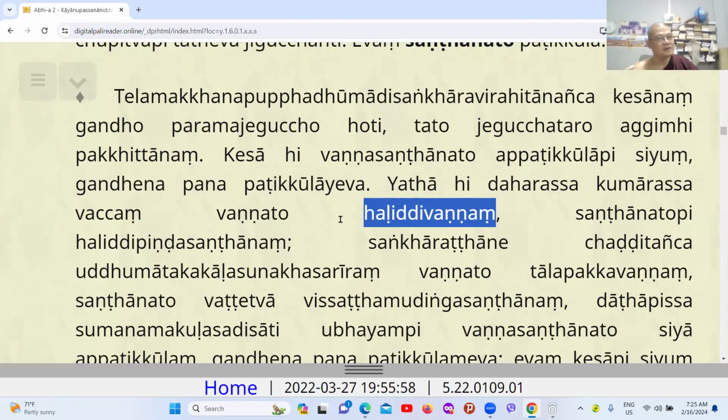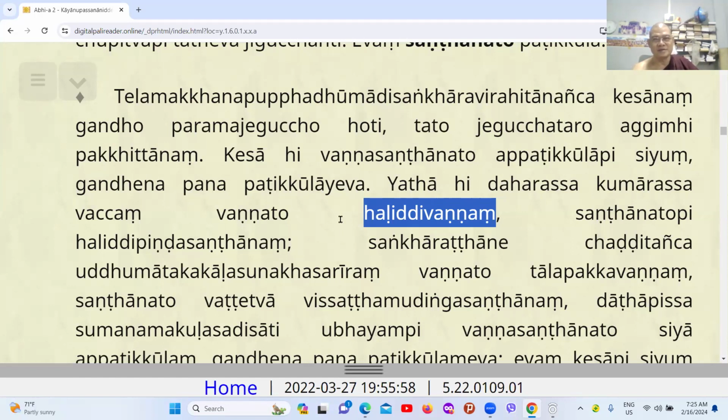The color of the baby's feces is just like a ginger color. The form of the feces of the baby is also just like the root of the ginger.